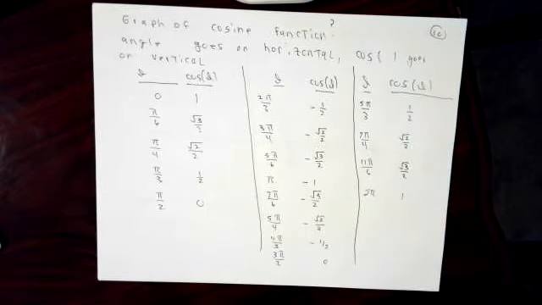On the horizontal, I'm going to put the input into the cosine function. So horizontally, I'm going to have theta. In our calculators and stuff, when we draw graphs, of course, the horizontal is usually called x. And the vertical is going to be cosine values that go with the input values.